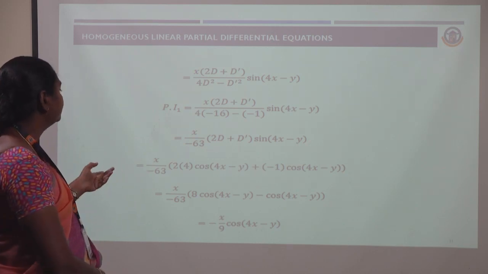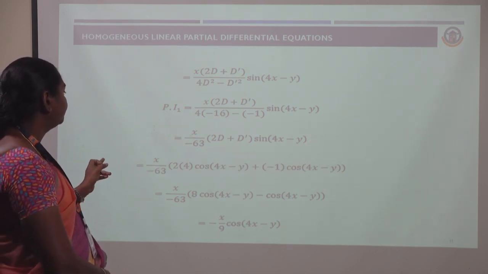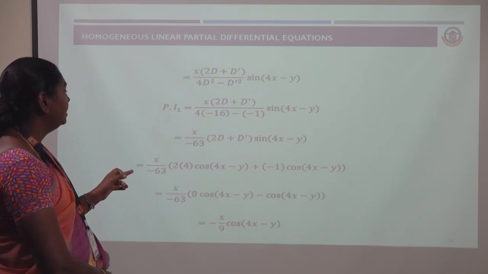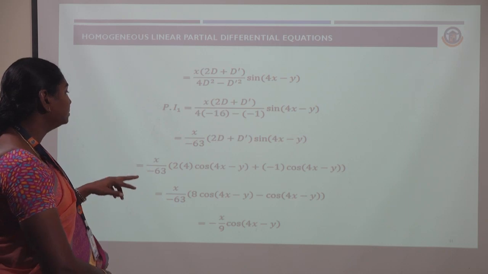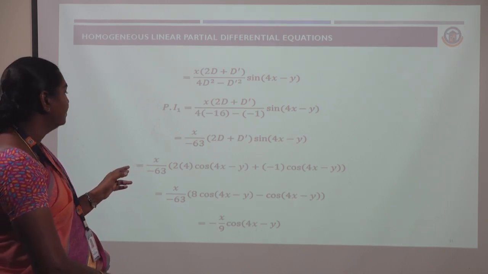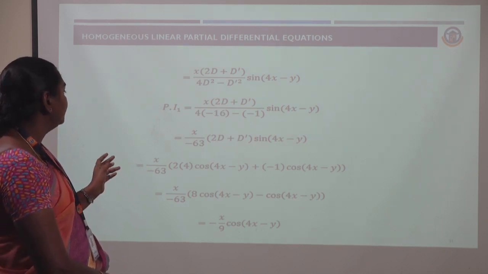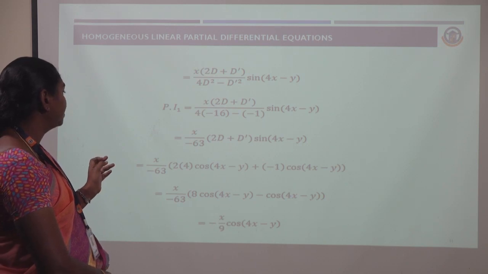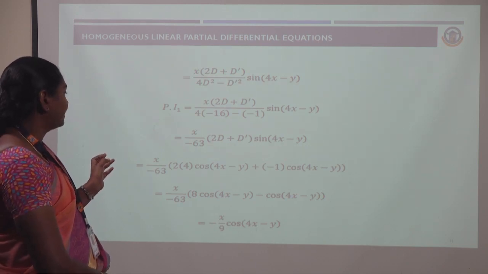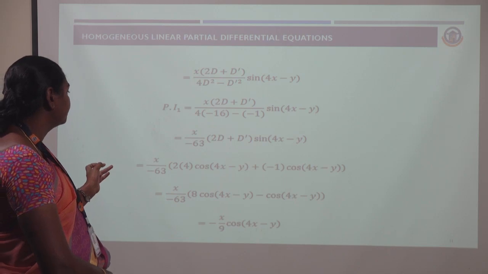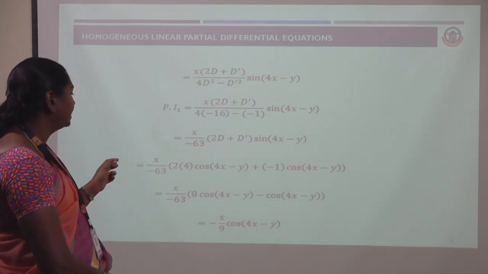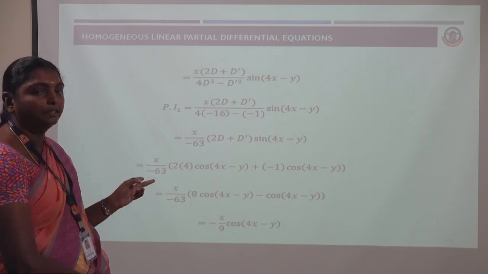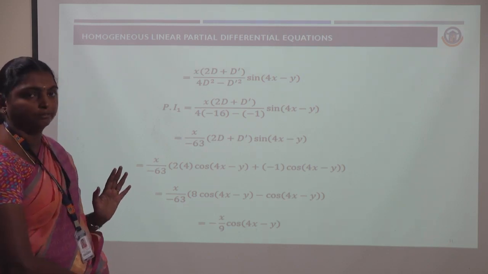When you differentiate, you get 8 cos(4x minus y) minus cos(4x minus y). Both terms have the cos term, so we can subtract this. We get 7x divided by minus 63. When you divide, we get minus x by 9 cos(4x minus y).